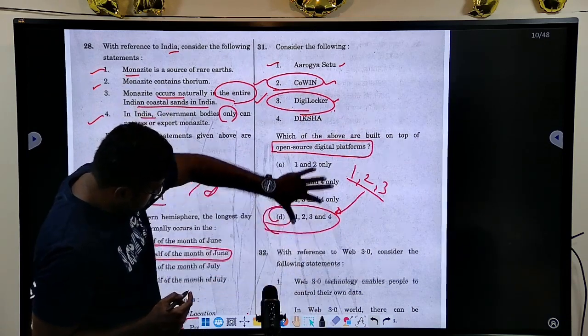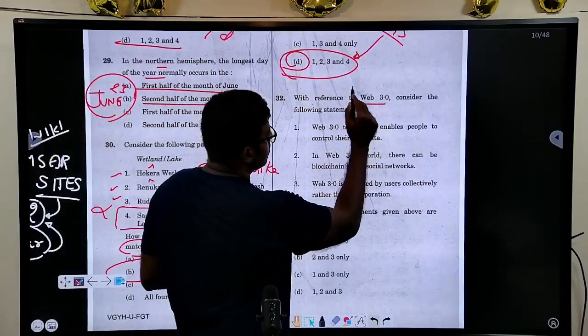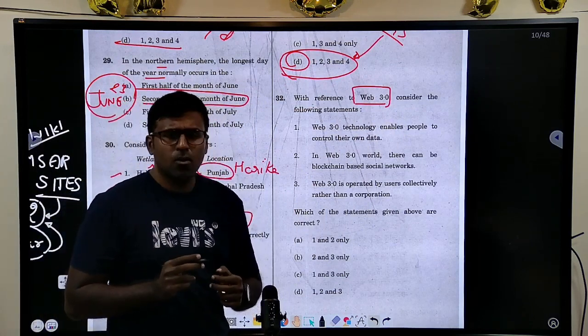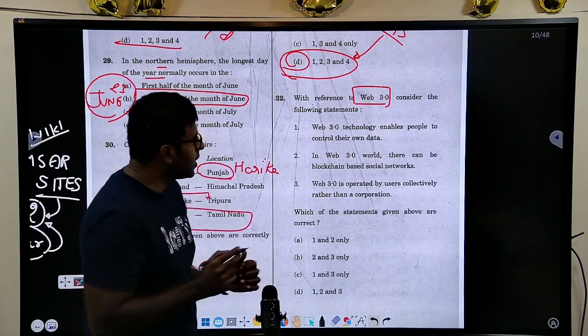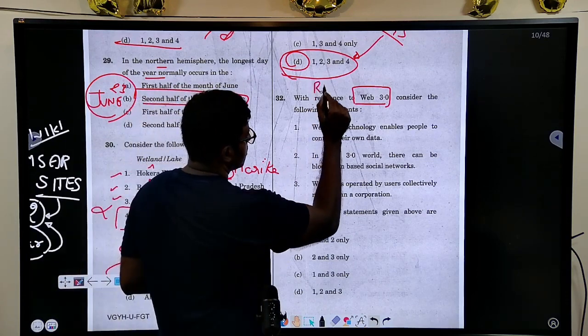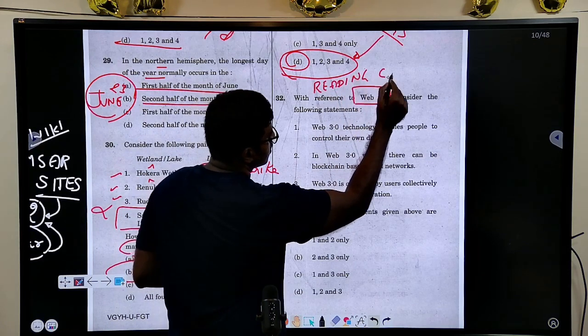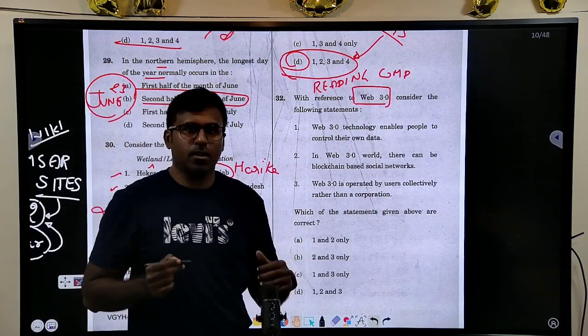Okay. As I told you, this is also web 3.0. There are some questions which are called reading comprehension. You should not think inside the hall, I have not read this.